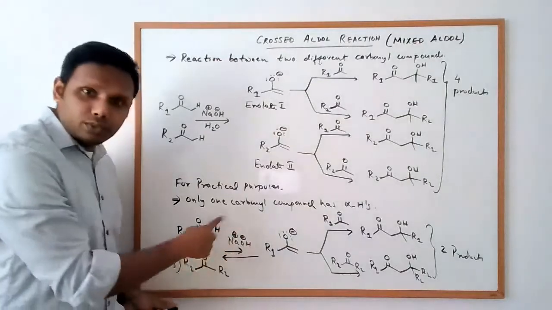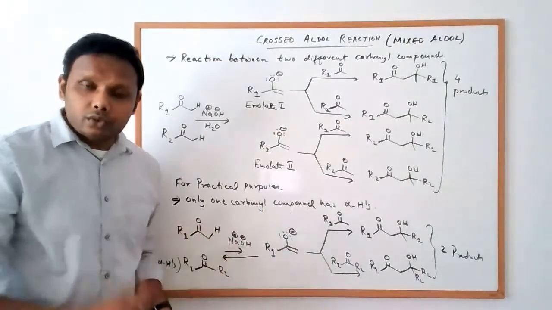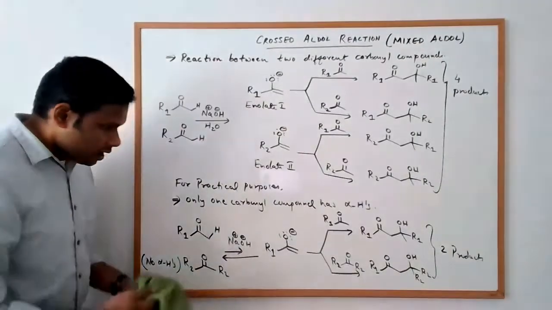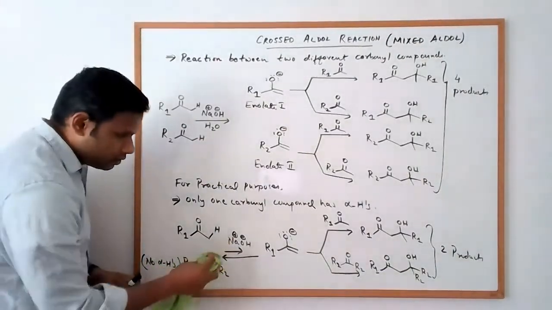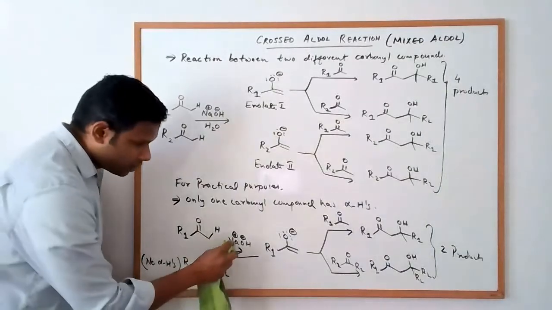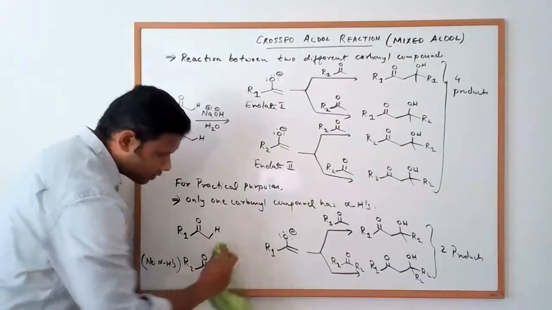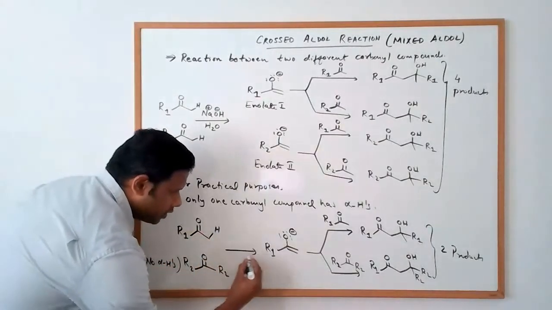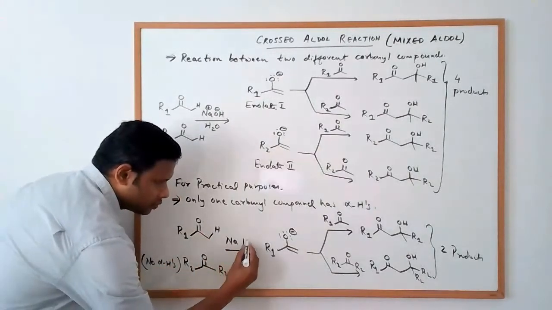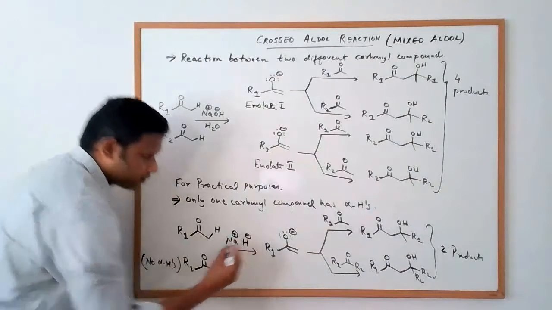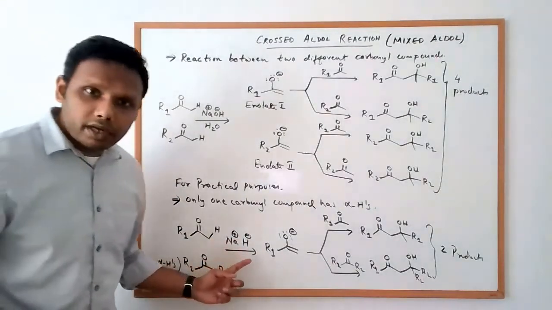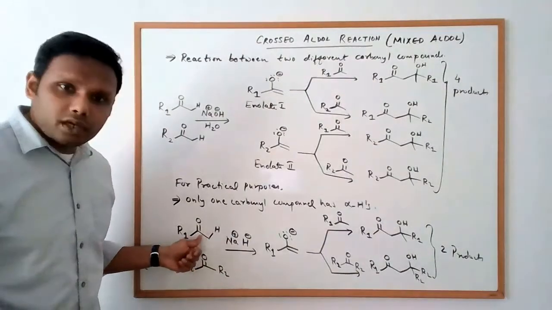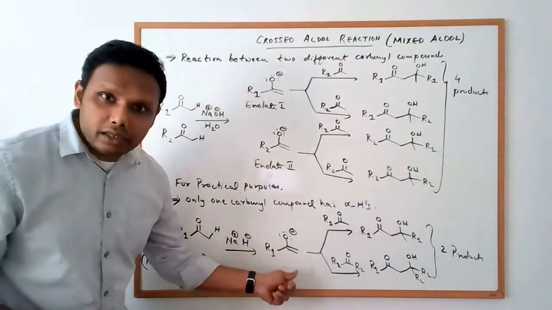We can switch out the base. We can use a stronger base. What would happen under those conditions? If we use a stronger base, let's say sodium hydride instead, when we react this with sodium hydride, sodium hydride is going to convert this carbonyl compound completely into the enolate.